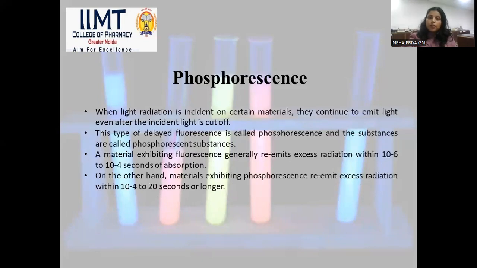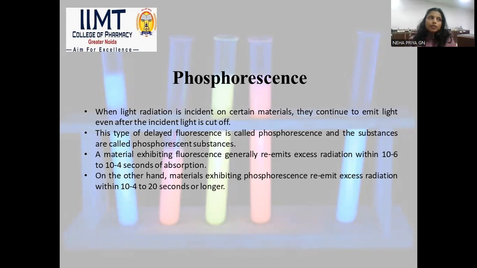The second type of luminescence, as I've already mentioned, is phosphorescence. It's just the opposite of fluorescence. When we give any light source to an atom, after a period of time it will give me some radiation, but the radiation here will be delayed radiation.